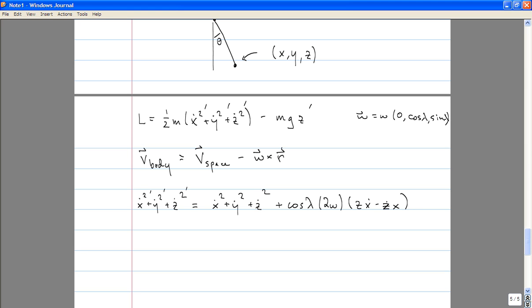There's an x times z dot term and a z times x dot term. Because of the cross product, they have opposite signs. And a similar term, which is sine lambda 2 omega times x dot y minus y dot x. Plus terms of order omega squared, which can be neglected.